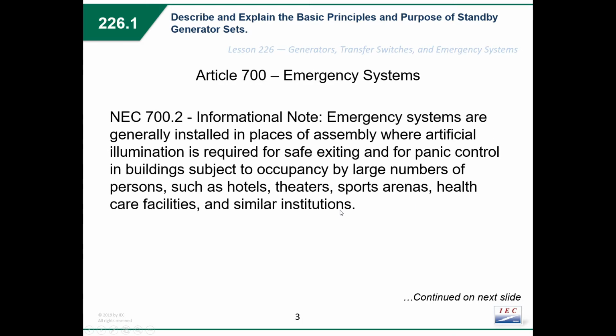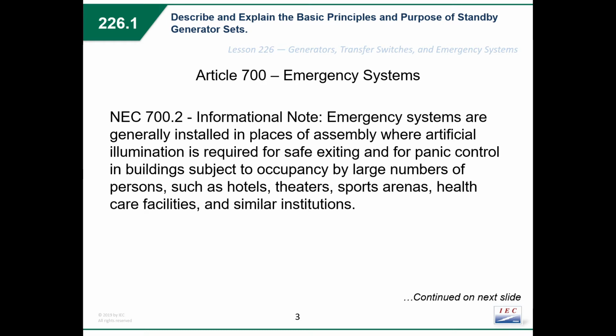So let's try to put some words to this, some definitions. This comes right out of NEC Article 700. We'll start with emergency systems. Informational note 700.2: emergency systems are generally installed in places of assembly where artificial illumination is required for safe exiting and for panic control in buildings subject to occupancy by large numbers of persons. So to be very specific, we're talking about emergency lighting in this case.